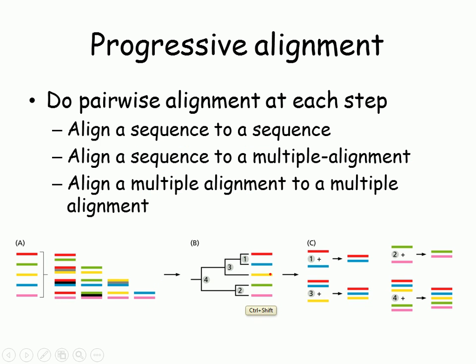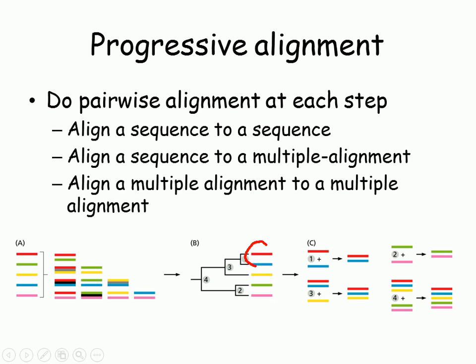Then we generate the alignment of these two. It gives us the group number 2. And then we align group number 3 with group number 2, and that gives us group number 4, or the alignment number 4.